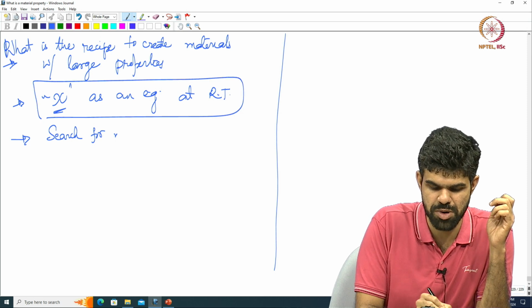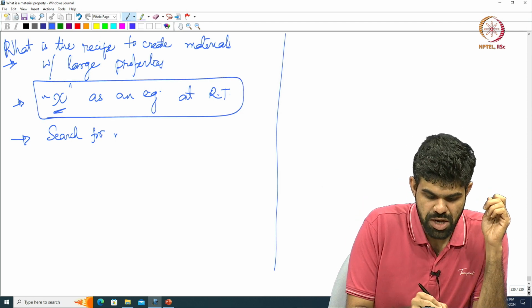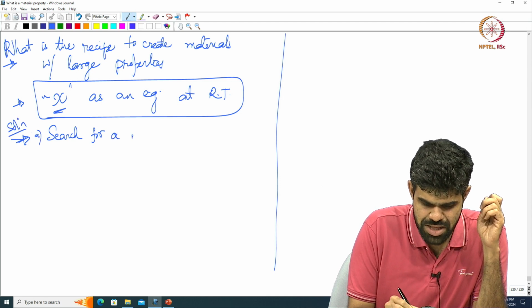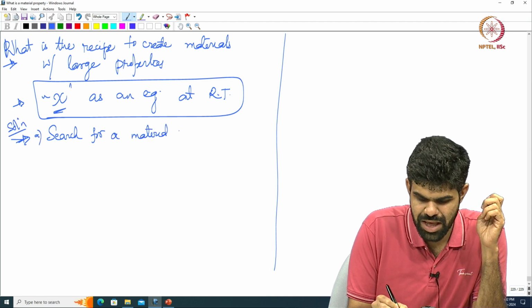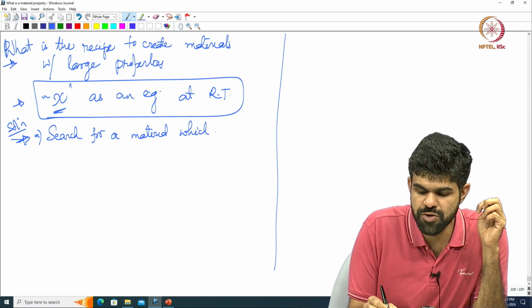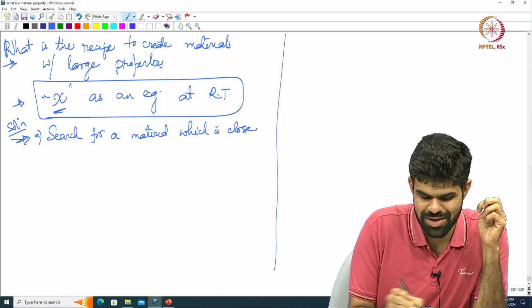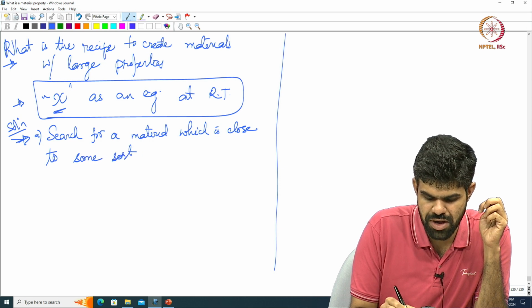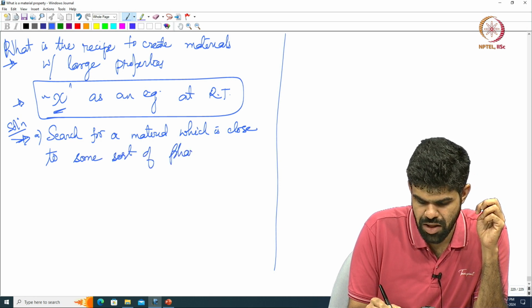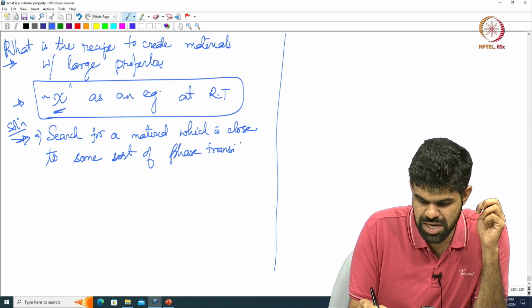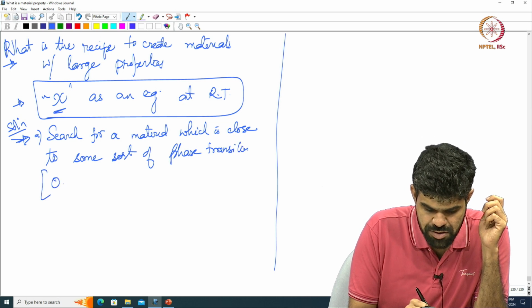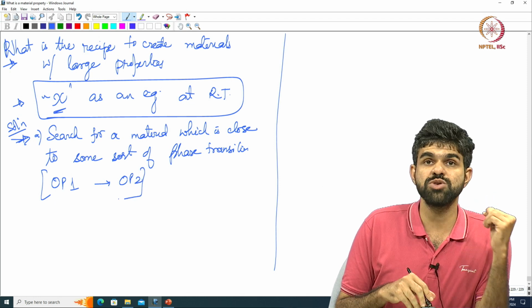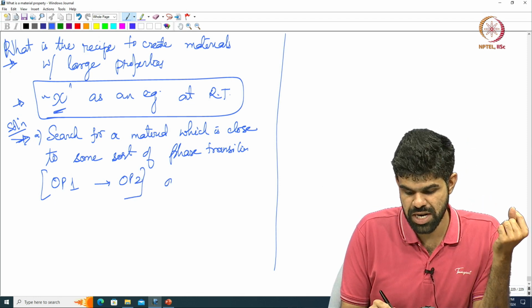So, my solution is, let me search for a material which is close to some sort of phase transition, and by phase transition here I mean a phase transition that changes from order parameter 1 to order parameter 2, right. Let me search for a material which is close enough to such a phase transition at room temperature, right.